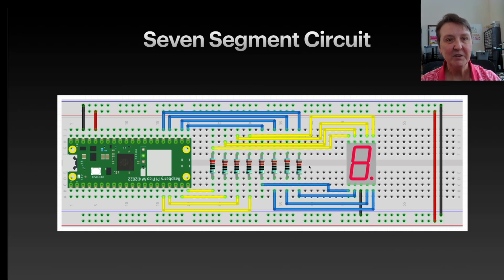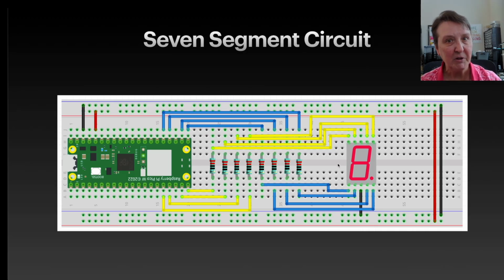So I took the time to wire this up so that each LED has its own current limiting resistor, and that means we can turn them on simultaneously. We can have an 8 versus a 1, and we're going to get the same brightness, and we're not going to have a potential to burn our 7-segment display out.